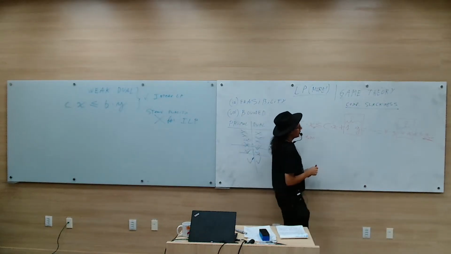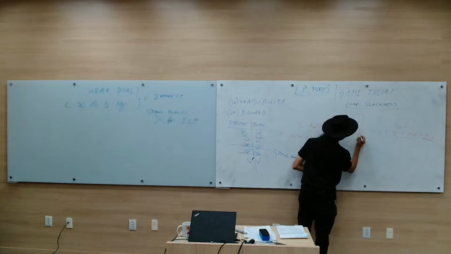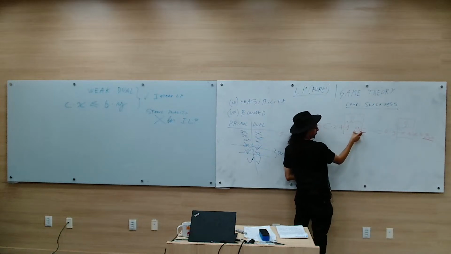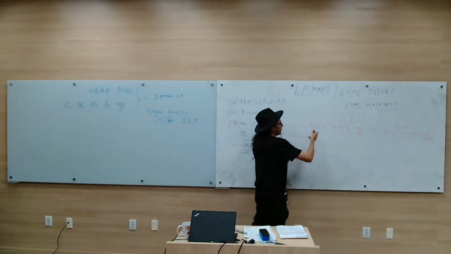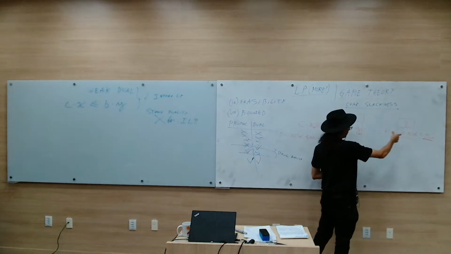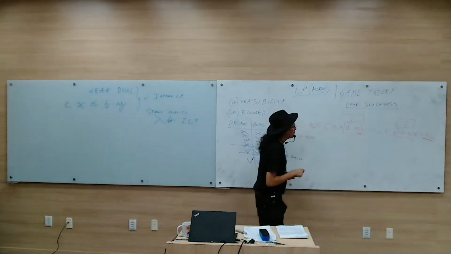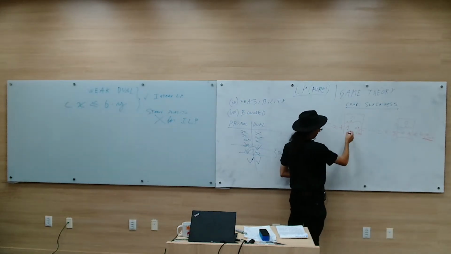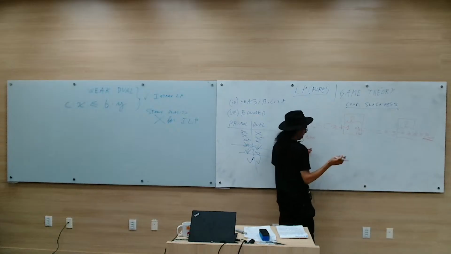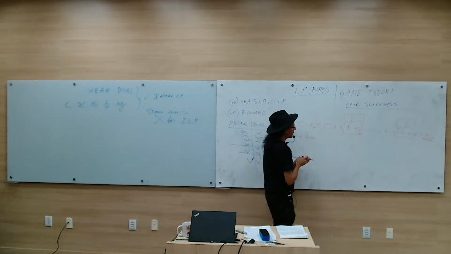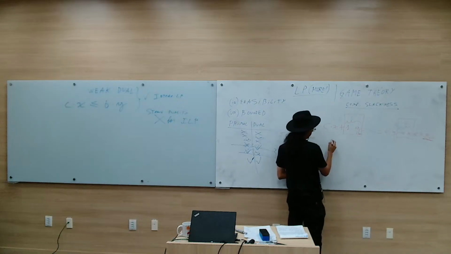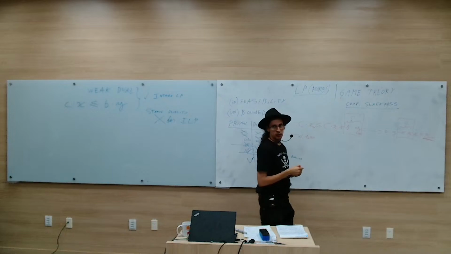And this one is similar. Now, y optimal will be the known constants, but this tells me something about the slack, which is the excess resources that I will have in the original. And since this is a dot product of non-negative things, basically what it says is that the dot product of two non-negative vectors has to be 0, so if the product of two things has to be 0, one of them has to be 0, right?